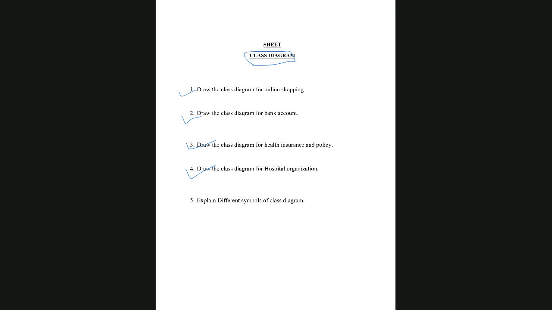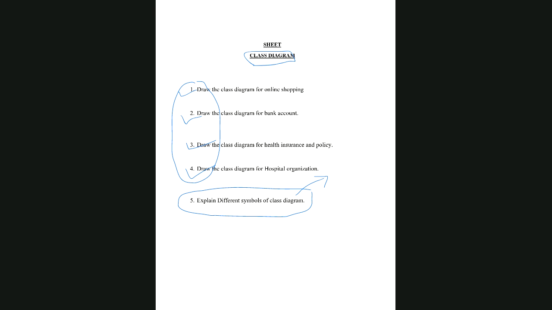These 4 questions I will be discussing in the next class. Today I will be discussing the basics of class diagram, that is, the different symbols of a class diagram. First we will take problem number 5, and in the next class we will solve problems 1, 2, 3, 4 from the knowledge we have gained from question number 5.